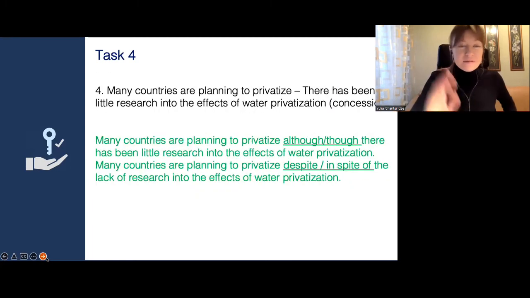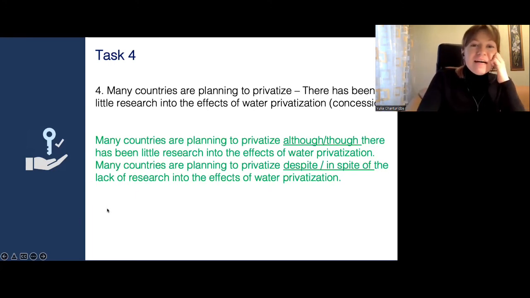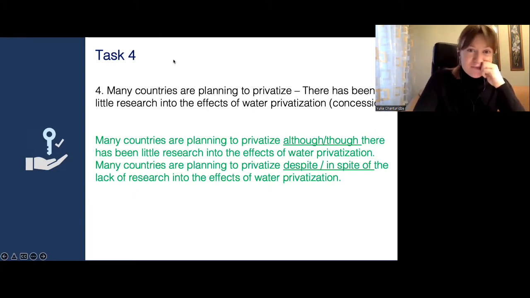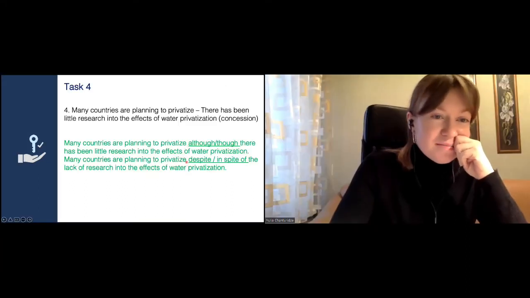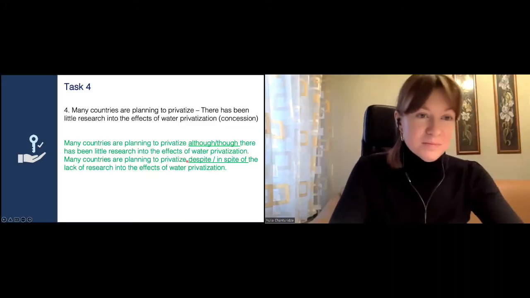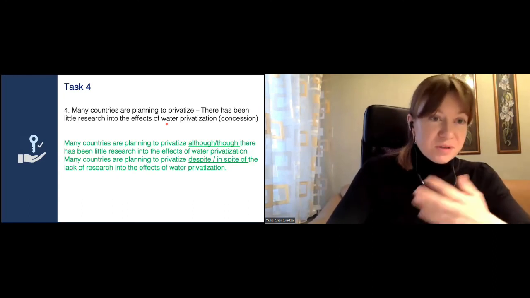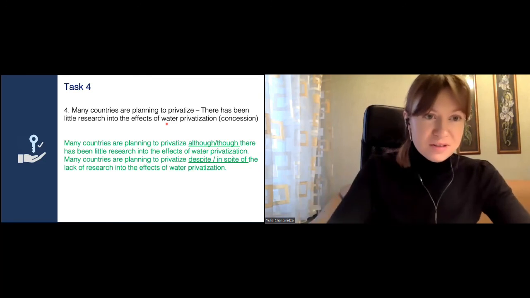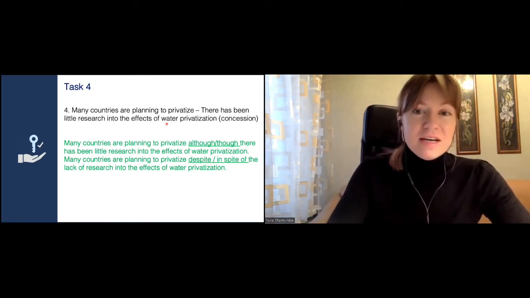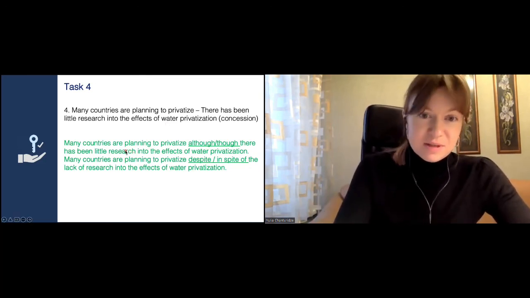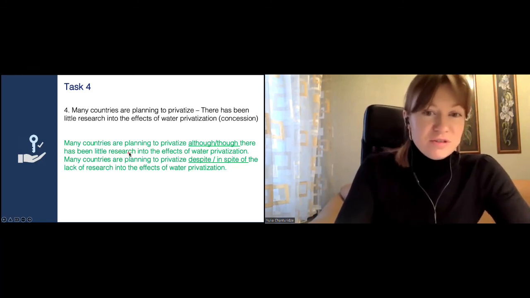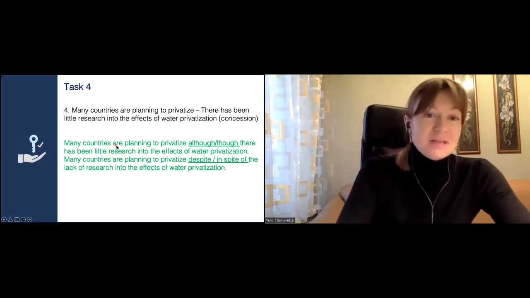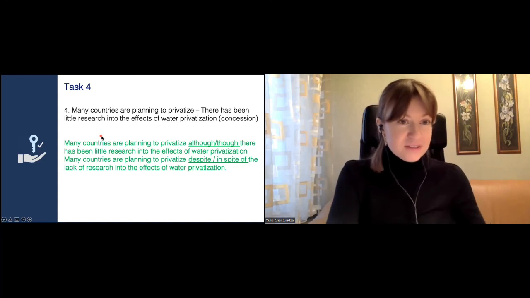I already have the answers. So these are my versions. I don't have commas here, neither here, because they follow. We need a broader context, of course, a longer passage of text, to figure this out. I thought that there is some absence, some lack of research, but many countries are planning to privatize.